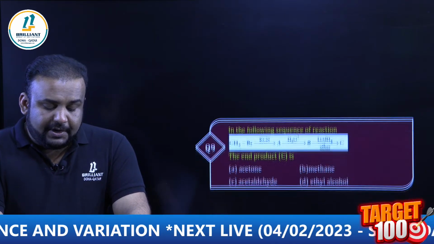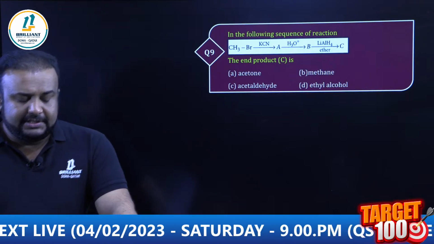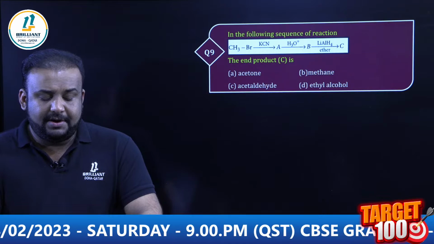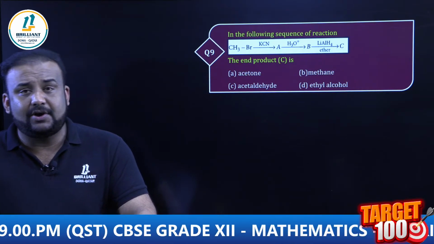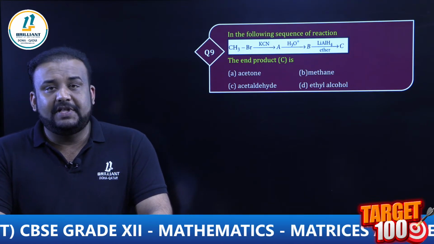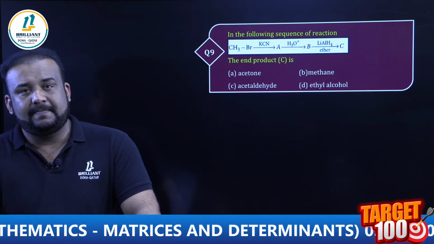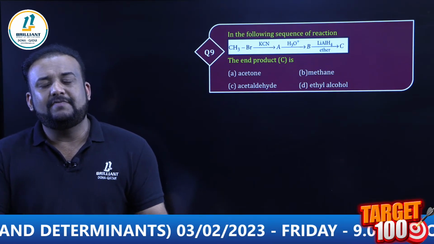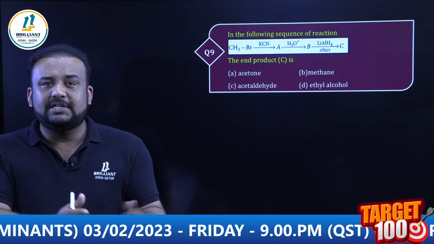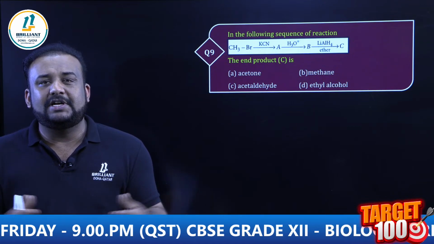Okay, the next one. In the following sequence of reaction, CH3Br treated with KCN, you are getting a compound A, which on hydrolysis gives a compound B, which on treatment with LiAlH4 in presence of ether gives C. See, in case of organic chemistry, do not expect that a conversion question will be asked from only one chapter, or it will be strictly focused on only one chapter.